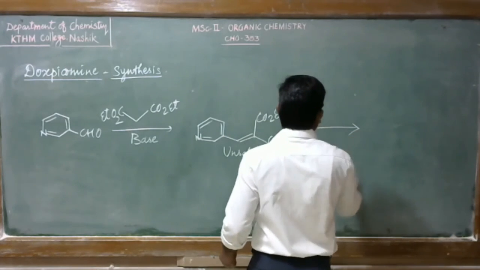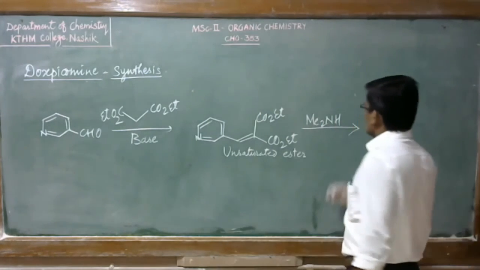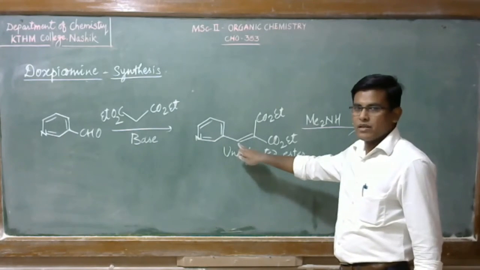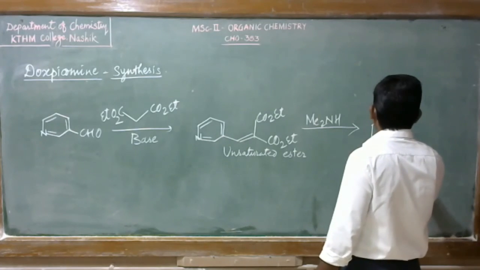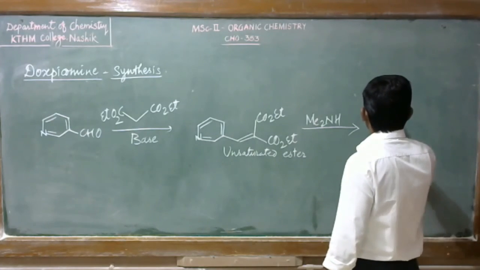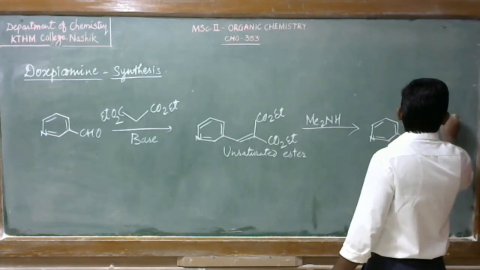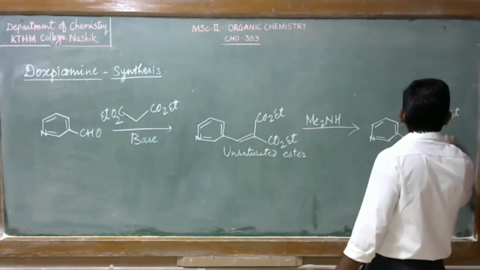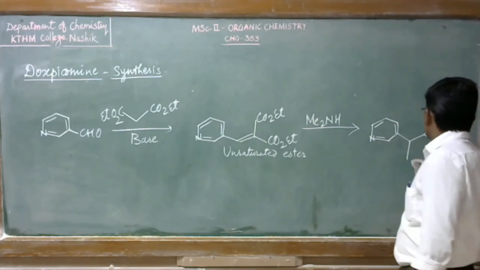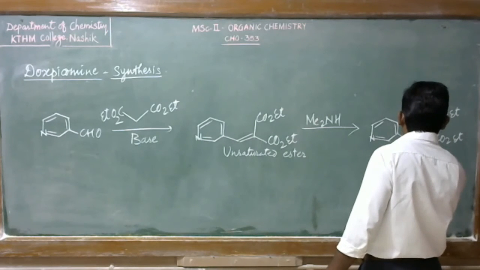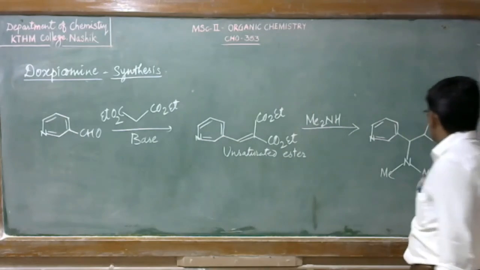Next, the treatment of this secondary amine, it reacts at this alpha beta unsaturated carbonyl compound. Alright, so it will react at this carbon, so we can get this molecule.